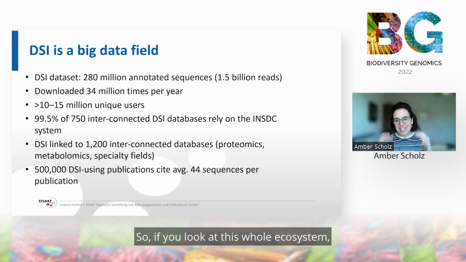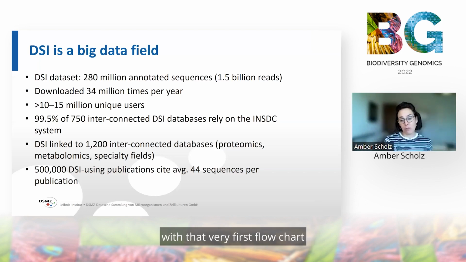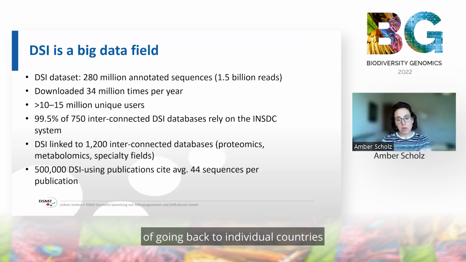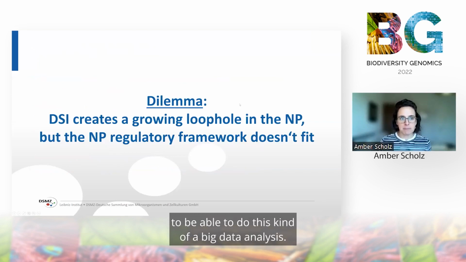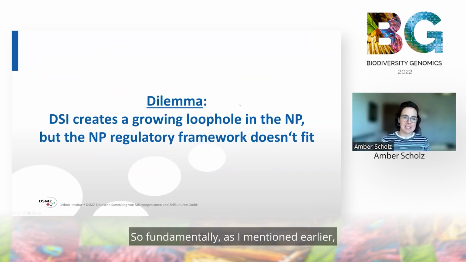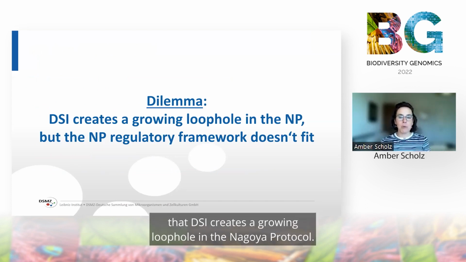So if you look at this whole ecosystem, this, we have been arguing, is not compatible with that very first flowchart of going back to individual countries and asking for individual permission to be able to do this kind of a big data analysis. So fundamentally, as I mentioned earlier, the dilemma that the policymakers and we supporting them as scientists have to face and address is that DSI creates a growing loophole in the Nagoya Protocol.